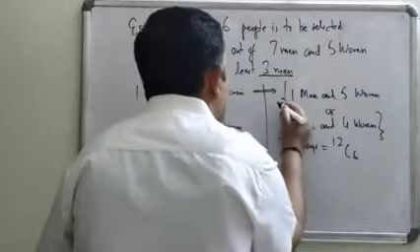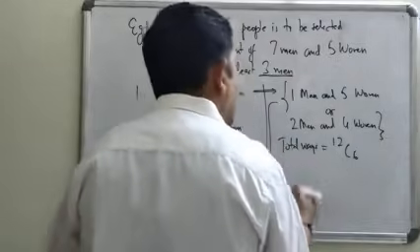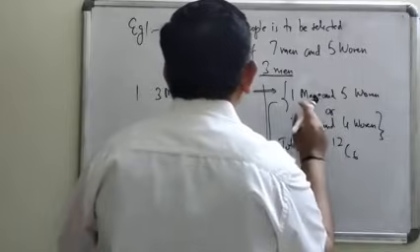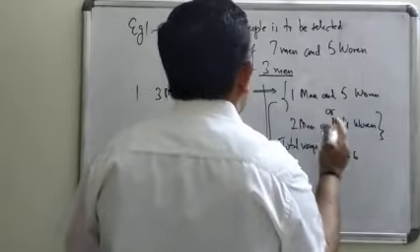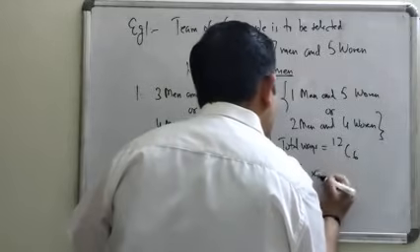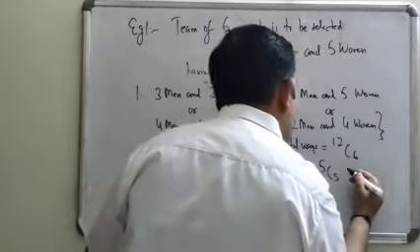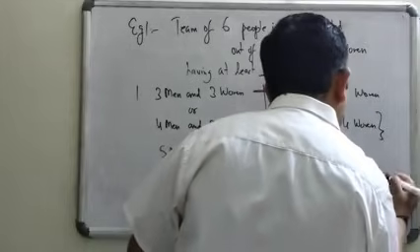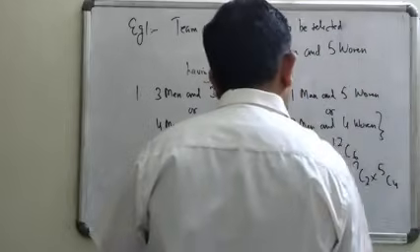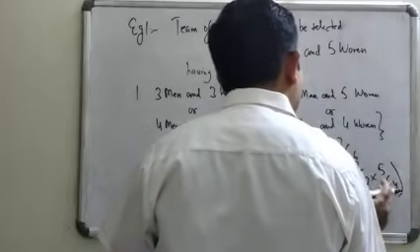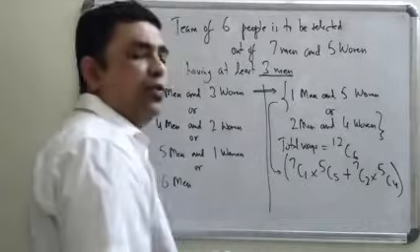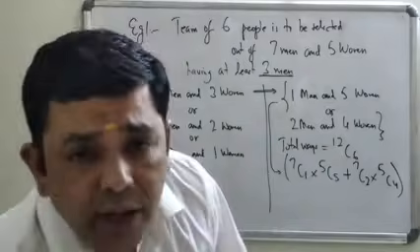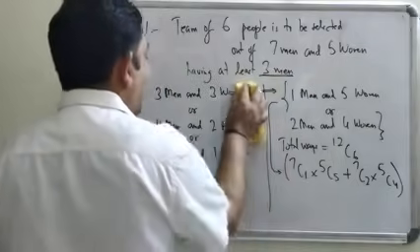What is the number of ways for this condition? We are talking about 1 man and 5 women, so 7C1 and 5C5, or 2 men, that is 7C2 and 5C4. This is subtracted out of the total, and the total will be 12C6.